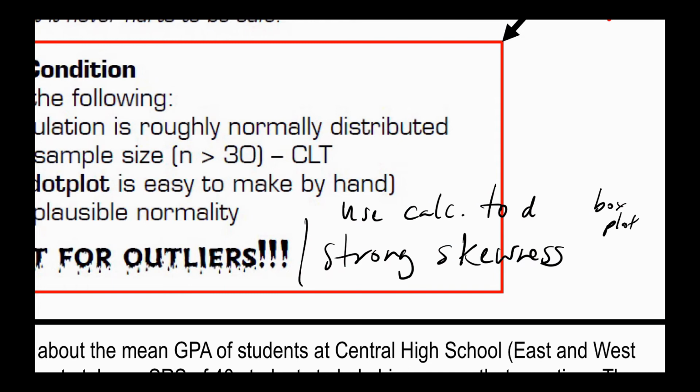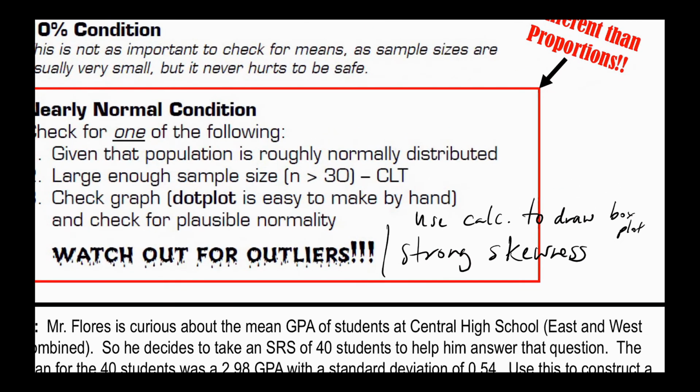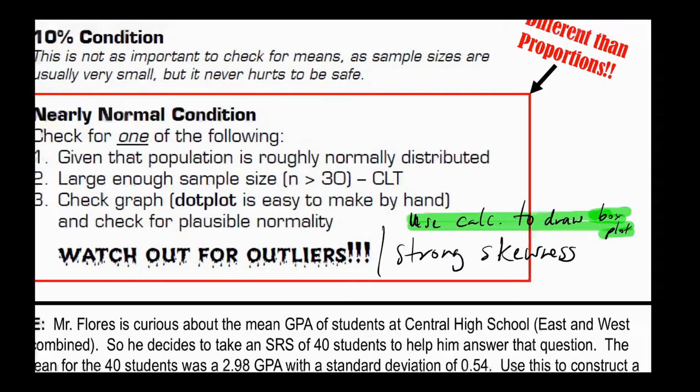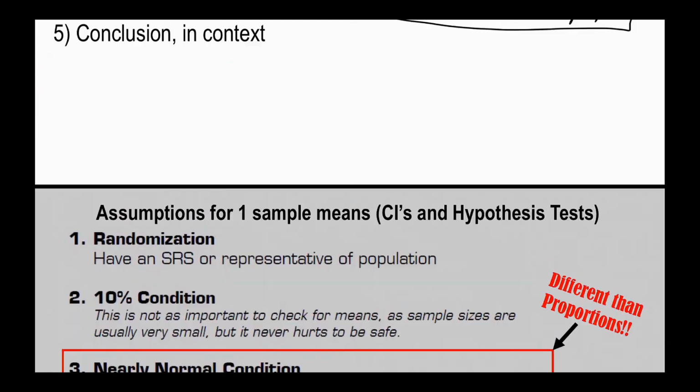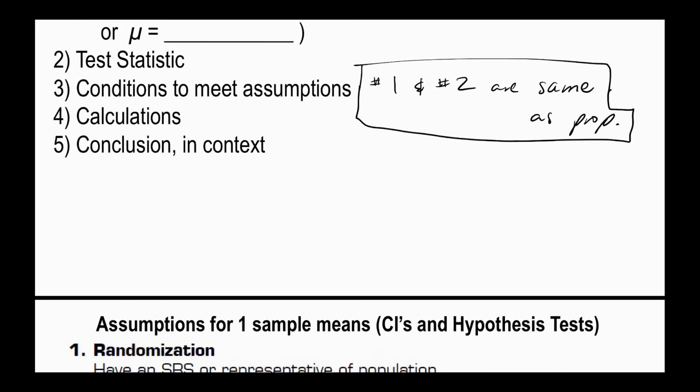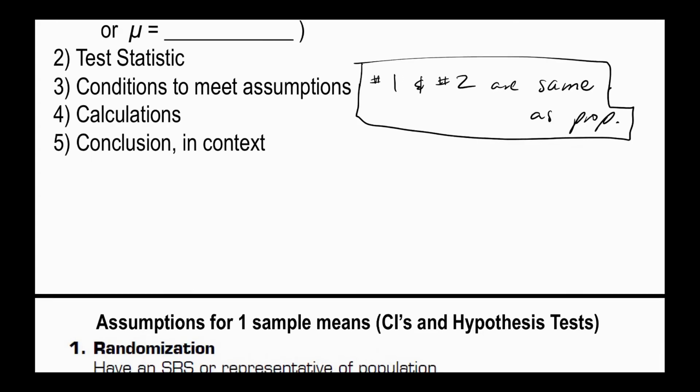And if you choose a modified box plot on the calculator, it'll mark the outliers by a star or something. Okay. Anything else? Calculations and conclusions are the same.